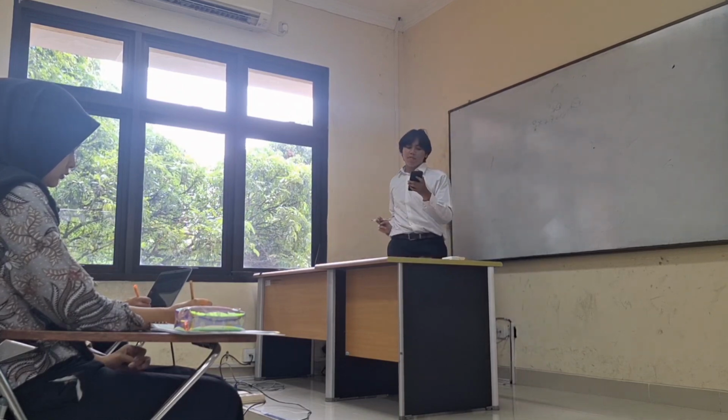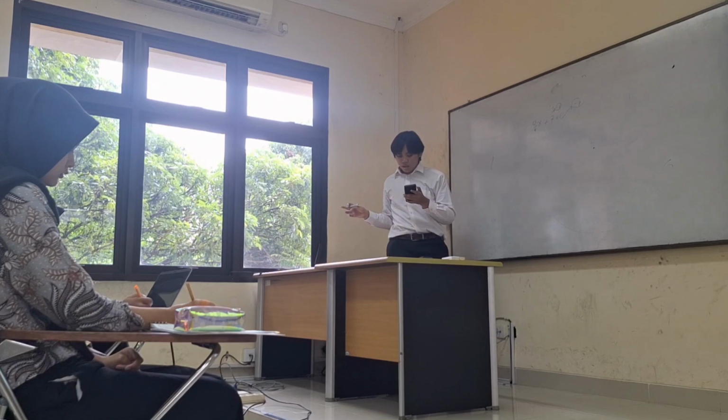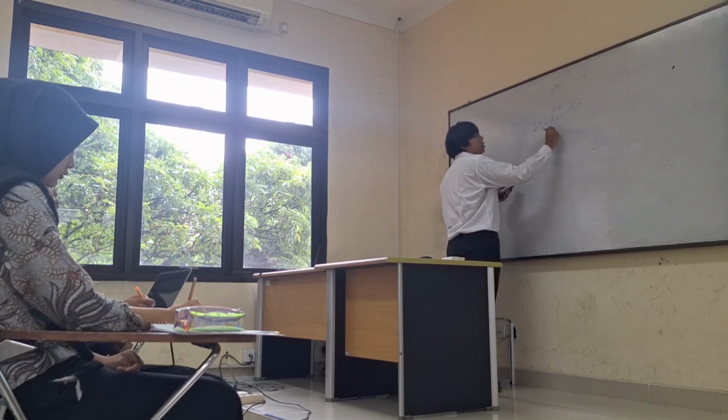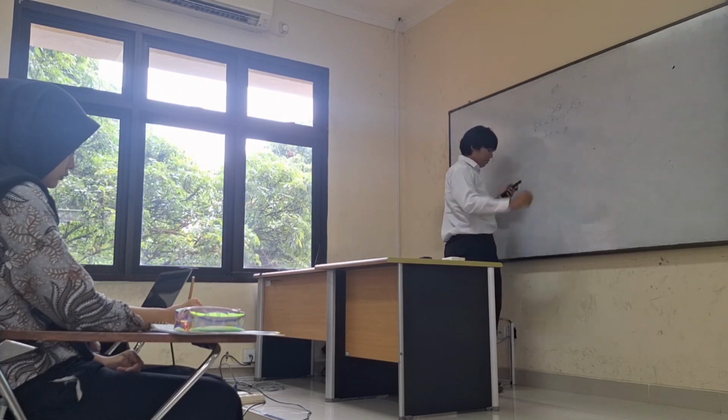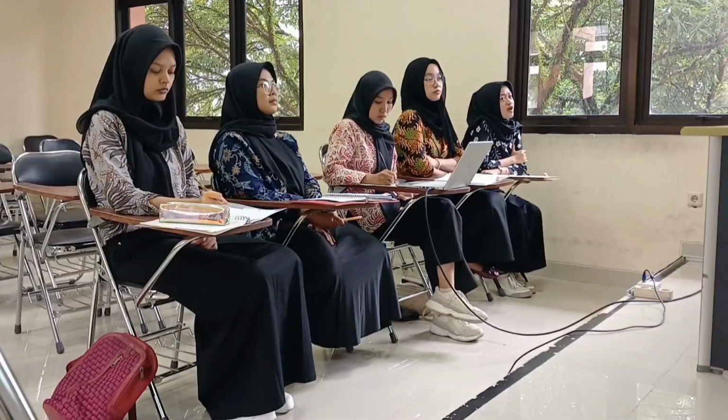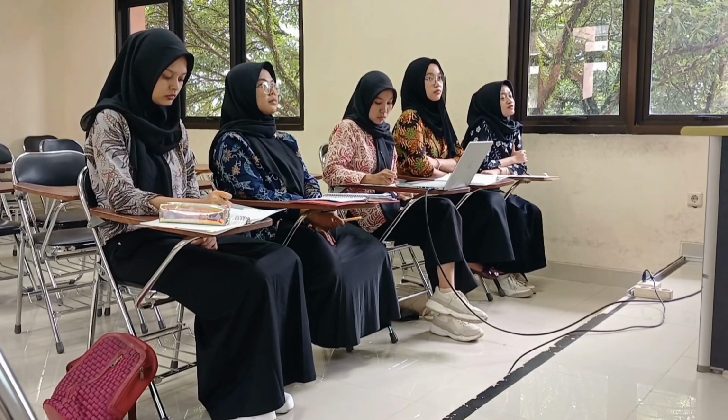Exactly, Nafa. When we subtract 7 from both sides, we get 3x equals 9. Now, what's the next step? Now we divide both sides by 3 to isolate x. So x equals 9 divided by 3, which simplifies to x equals 3.